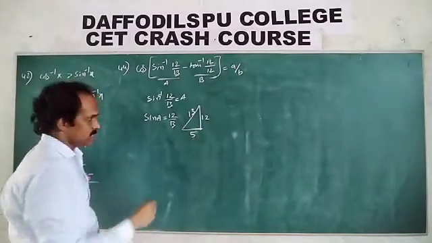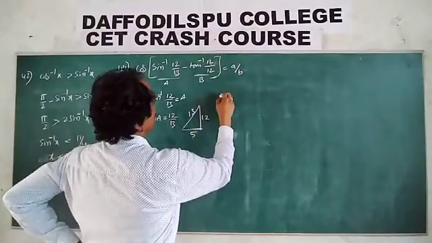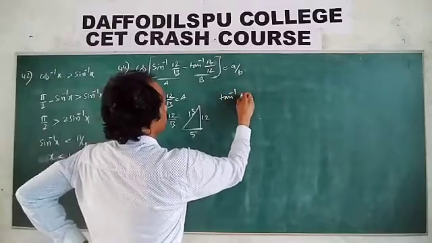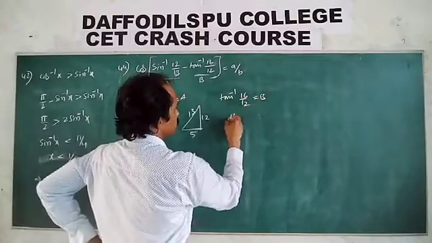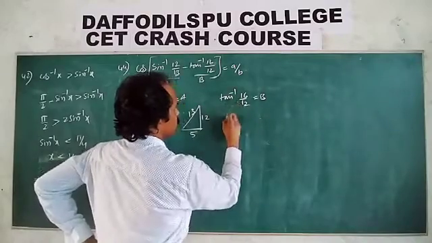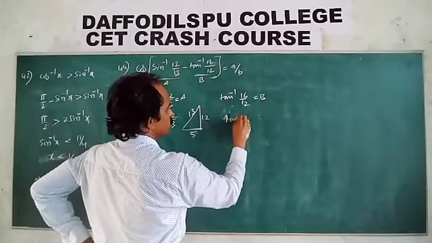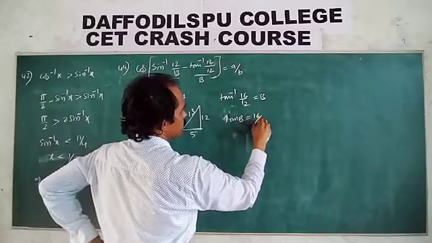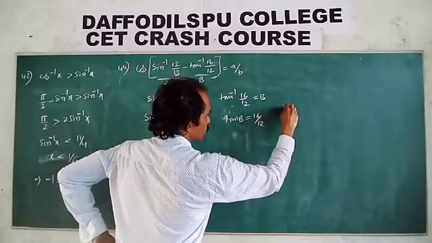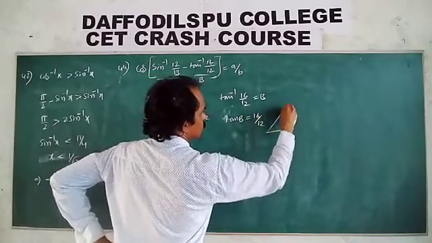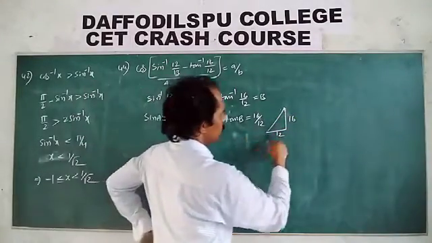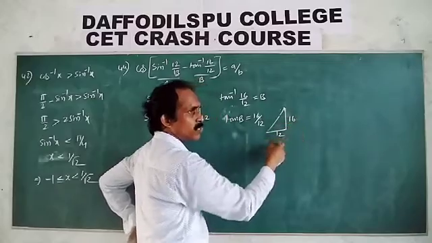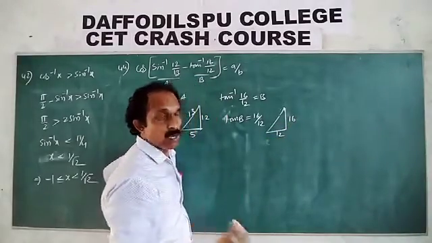Next, tan inverse 16 by 12 is equal to, let it be b, so tan b is equal to 16 by 12. Take a triangle for this also. By Pythagoras, 16 squared is 256 plus 144 is 400, square root of 400 is 20.